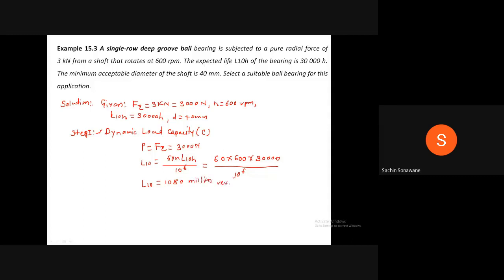1080 million revolutions, life in million revolutions. Now we have to calculate the dynamic load capacity. The formula is C is equal to P into L10 raised to 1 by 3, which is equal to 3000 into 1080 raised to 1 by 3. Therefore, C is equal to, what is the value?